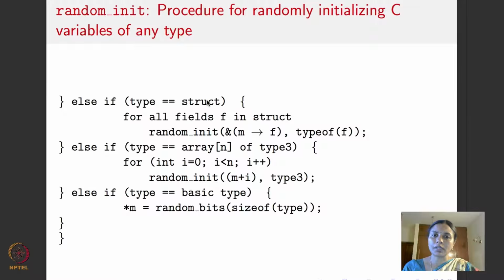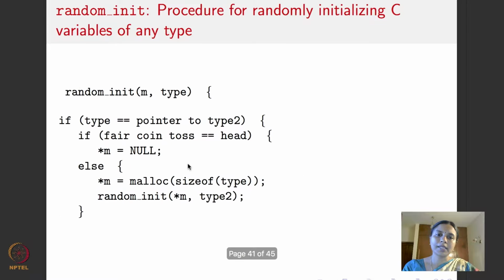But if it's a struct type, then for all fields f in that struct, you randomly initialize each field with a value of the appropriate type. If it's an array type, let's say an array of size n of some other type, then you randomly initialize the value of the array with that same type, type 3. But if it's a basic type, then you generate random bits of that same type.